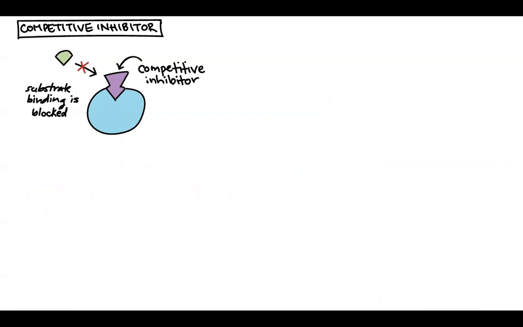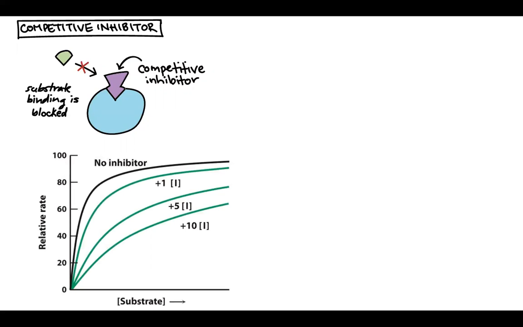Okay, so let's check this out. Competitive inhibitor. Here's a Michaelis-Menten plot. Now it's important to understand that you can't just go in and measure the enzyme with its inhibitor and substrate without performing the same analysis in the absence of the inhibitor, because you need to have something to compare it to.